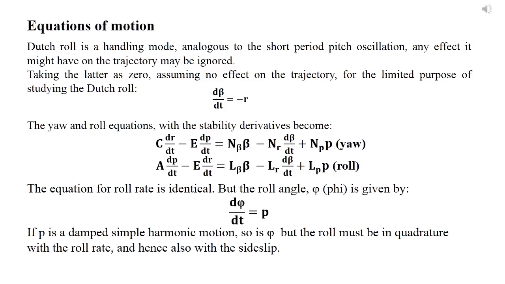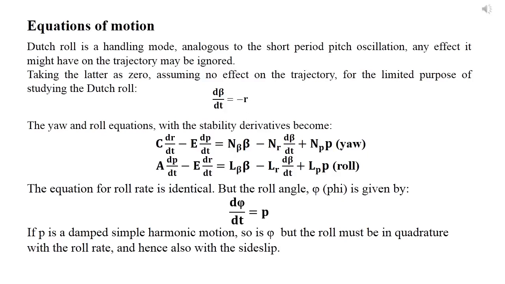The yaw and roll equations, with the stability derivatives, become: C dr/dt minus E dp/dt equals N_β β minus N_r dβ/dt plus N_p p, yaw. A dp/dt minus E dr/dt equals L_β β minus L_r dβ/dt plus L_p p, roll.